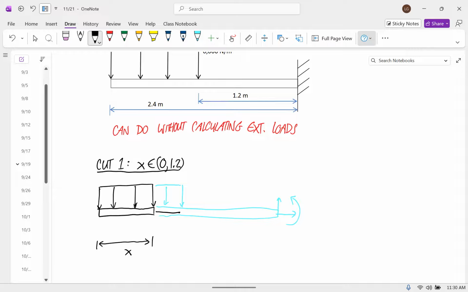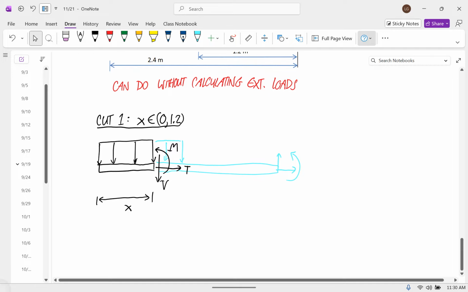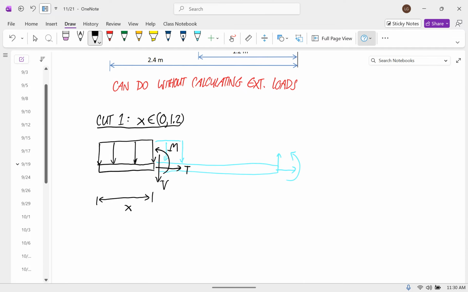And then we have the internal loads. And so let's think about this rectangular shape.